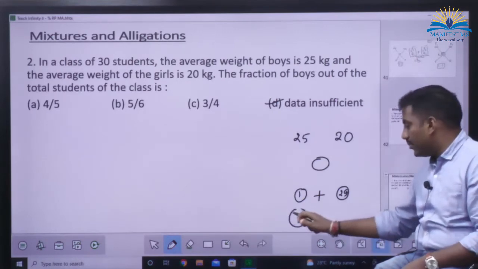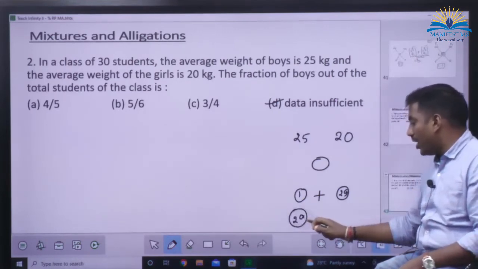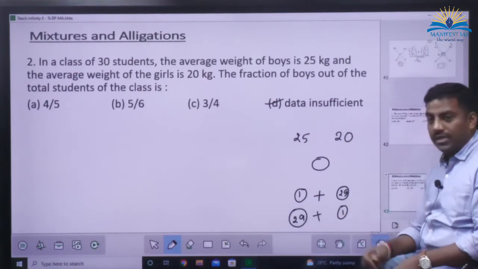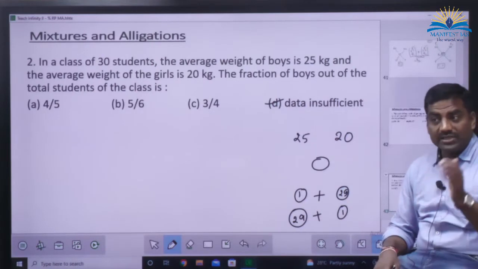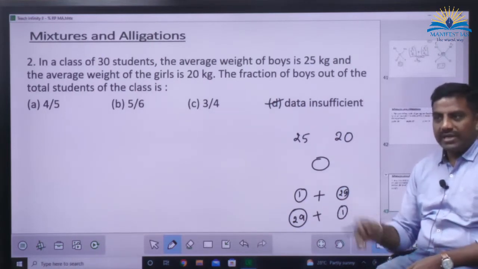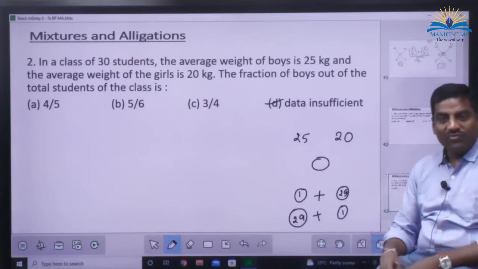Other extreme, 29 boys and 1 girl. This is a possibility. Actually, the possibilities are many. 2 and 28, 3 and 27, 15 and 15, 10 and 20, 20 and 10. So in all those cases, our average of the entire class is going to change.